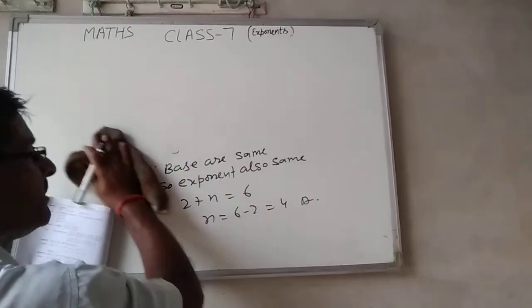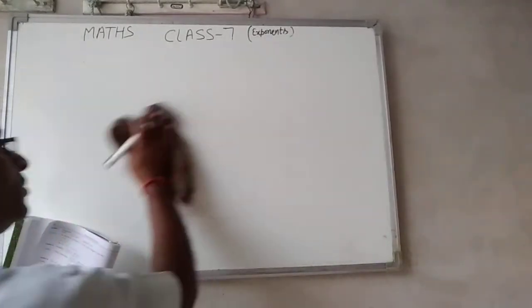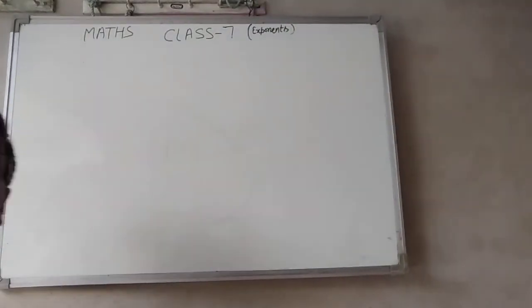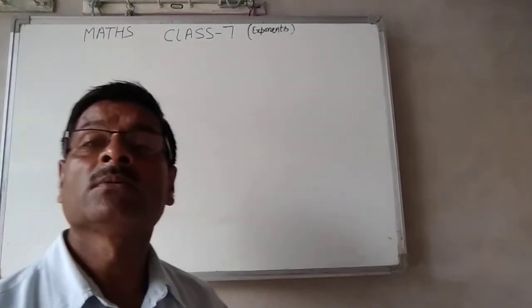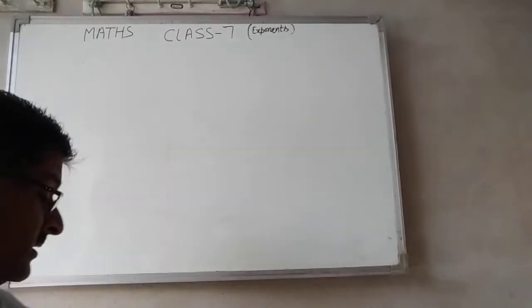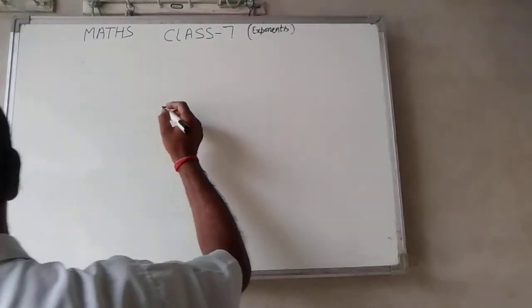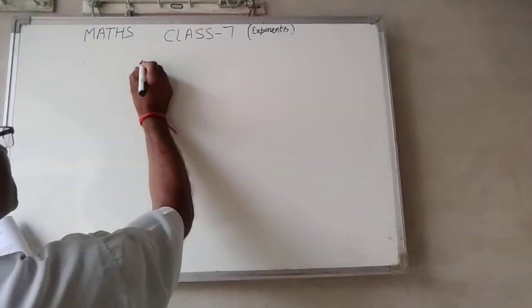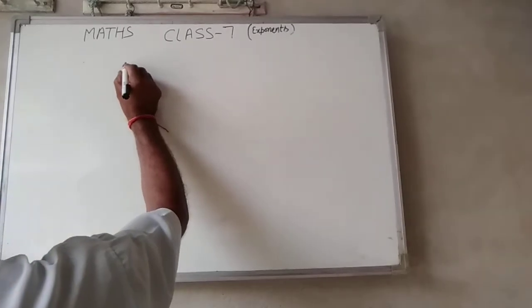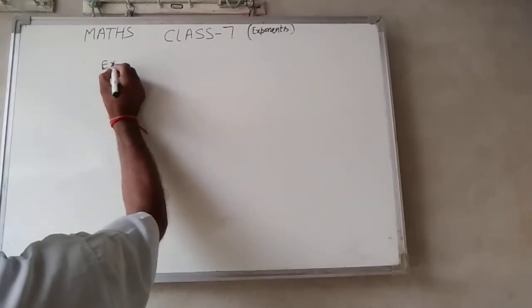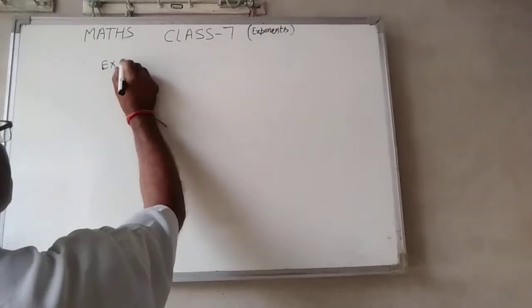Next example. All the questions are based on the examples. So I have solved all the examples, and you can do the questions of the exercise taking help of the examples. Now example number 20.